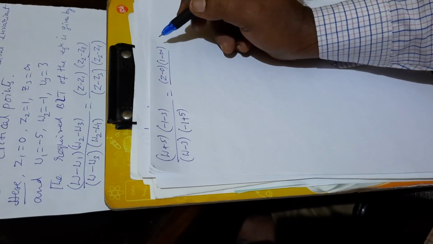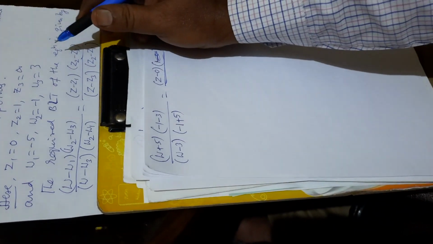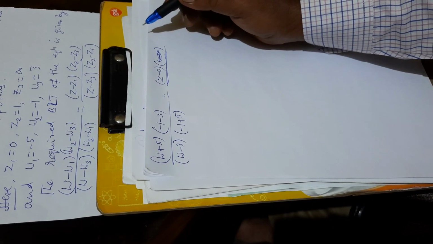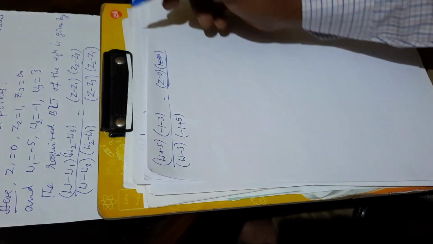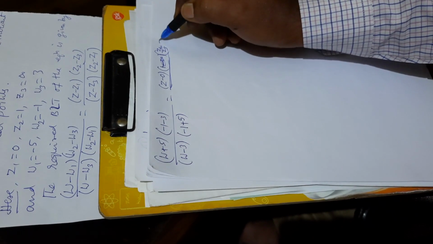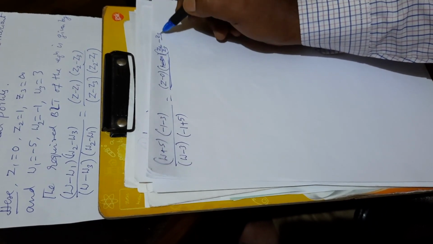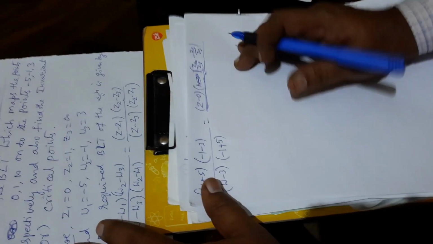Next, further in this problem, whenever infinity comes, you have to divide both numerator and denominator by Z3, that is Z2 divided by Z3 minus Z3 by Z3. Both divide by Z3 whenever infinity comes. Otherwise, I will tell you another method.